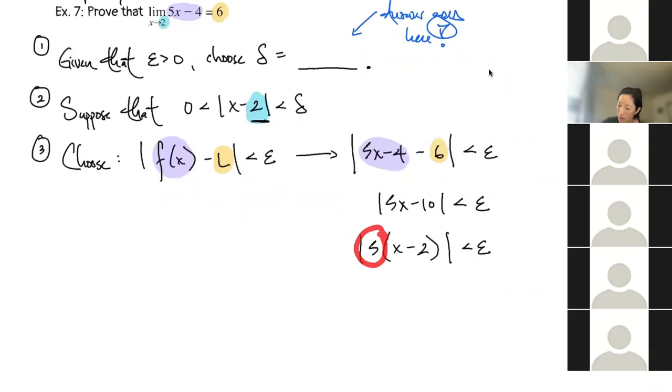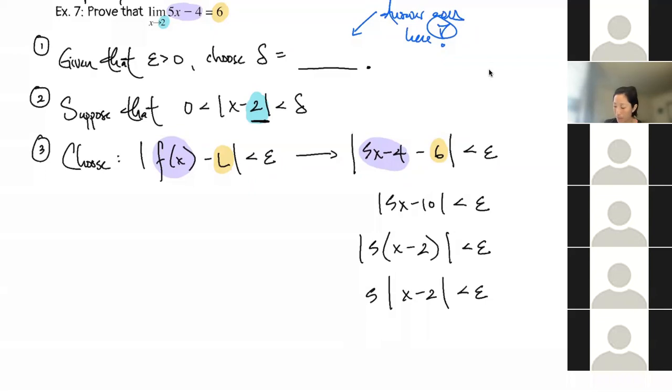Turns out this 5 is always positive, and I can actually pull it out to the front like a coefficient. Right? Because 5 times x minus 2 inside the absolute value is the same as 5 times the absolute value of x minus 2.